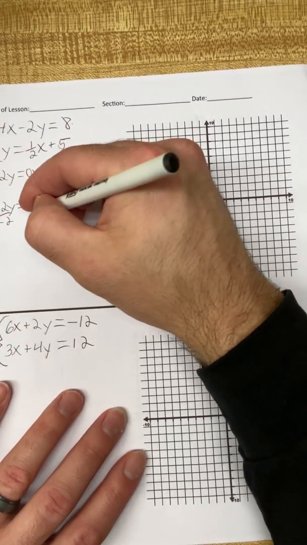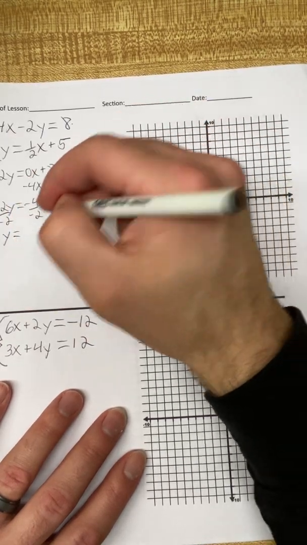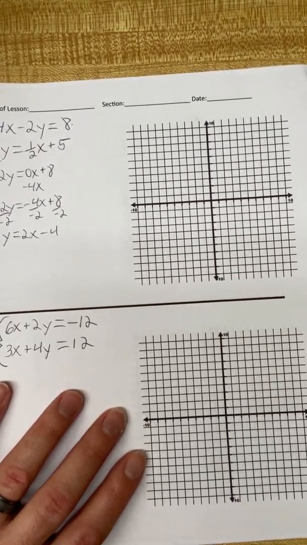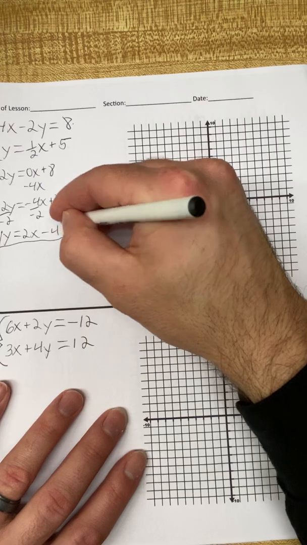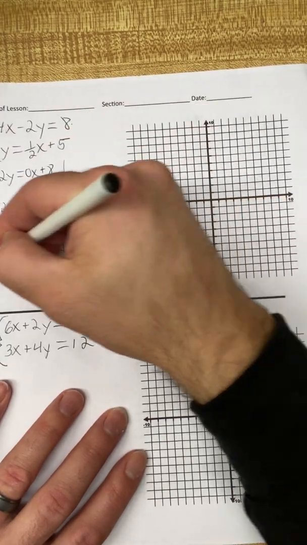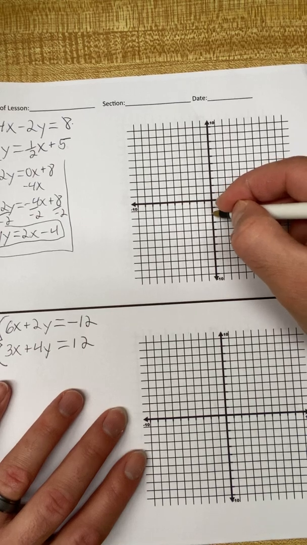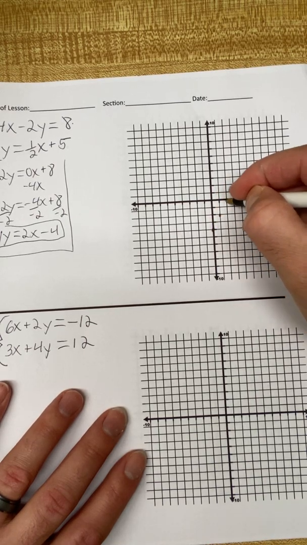Divide both sides by negative 2. And my new line is y equals 2x minus 4. So that's my new first line. Y-intercept at negative 4. Slope of 2, so I'm going to go up 2, right 1.